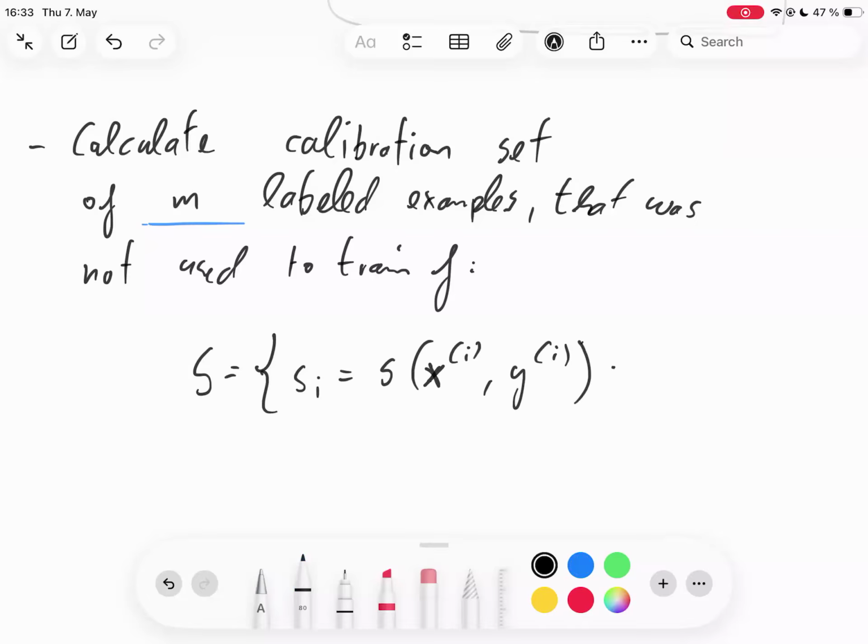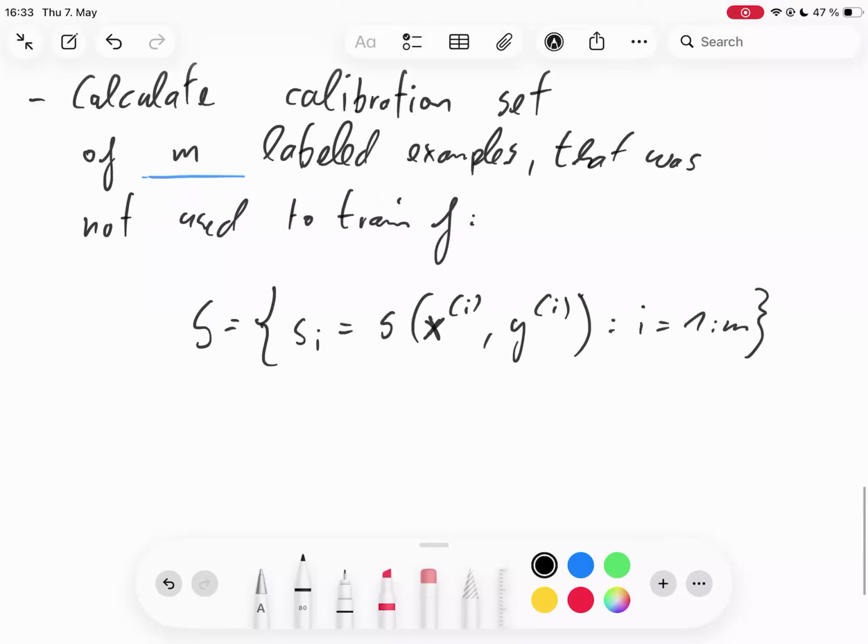And we calculate the set for i from 1 to M. So we do this for all these M examples. Now, we would specify a desired confidence threshold.